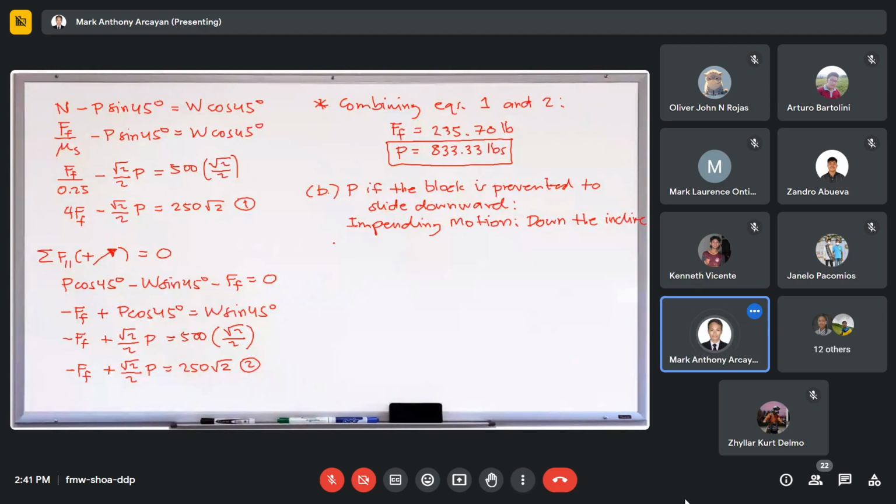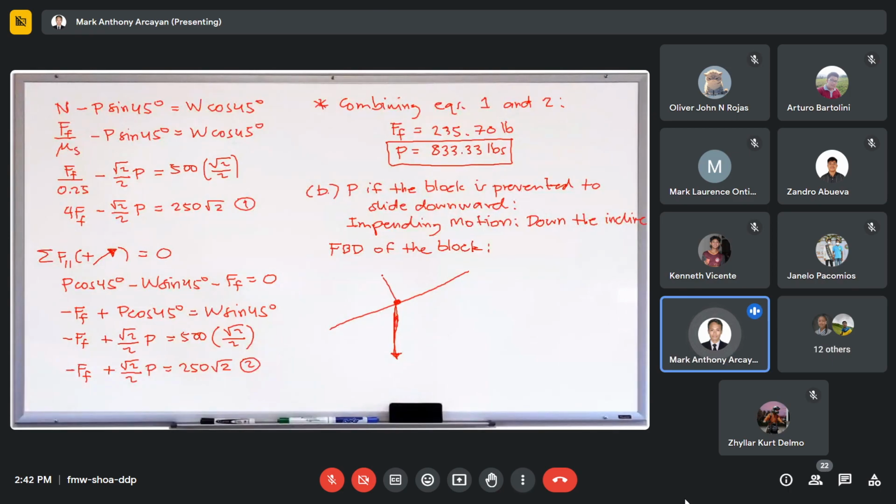So ato i-construct ang FBD of the block. So mao ni inclined plane, naa ang object. So naa siya weight nga paubos. Sorry, hiwi kayo.